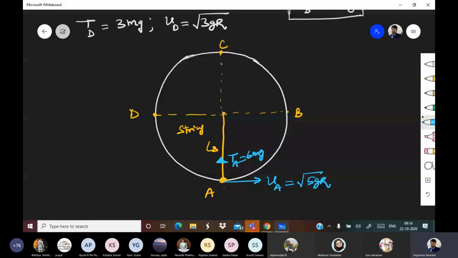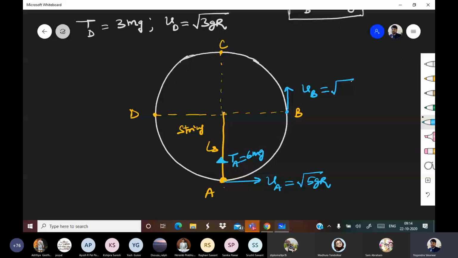Now let us talk about other points. At point B, V will be root of 3 GR and TB is 3 mg.